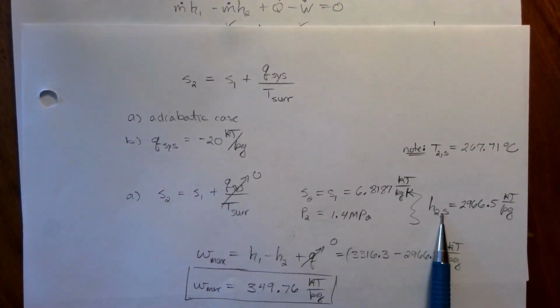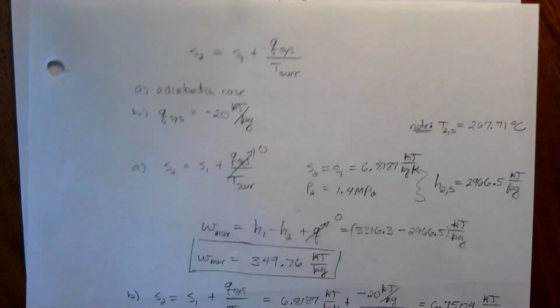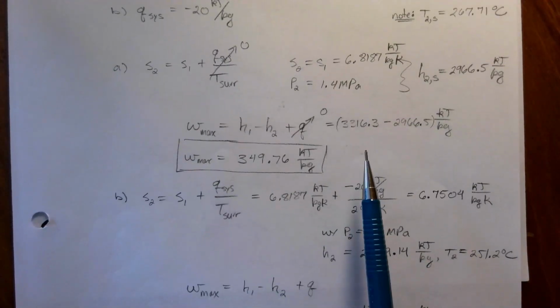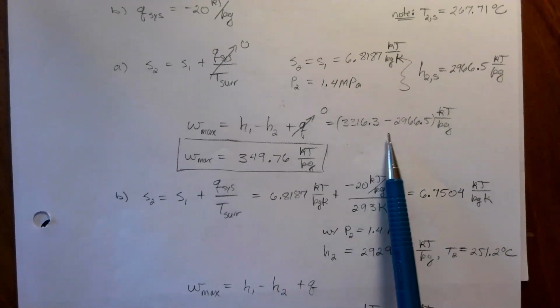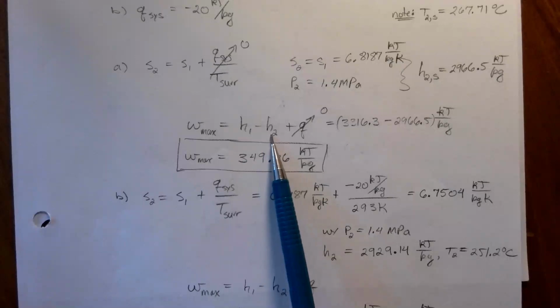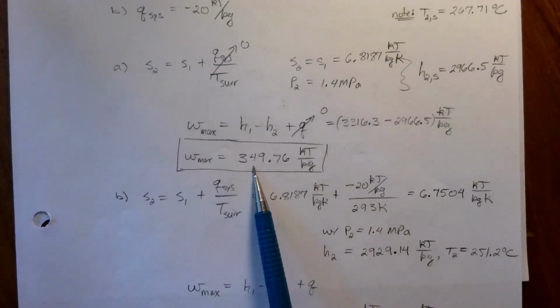Now I'm calling this H2S and T2S. That little S is because it's for the isentropic case, right? We're saying S2 equals S1. So we're looking for our optimal situation, reversible case. Okay, so then with our new H2 value, we can substitute that here for H2. Q is 0, and so we get a value for the maximum possible work, or excuse me, power per unit mass flowing through the device.